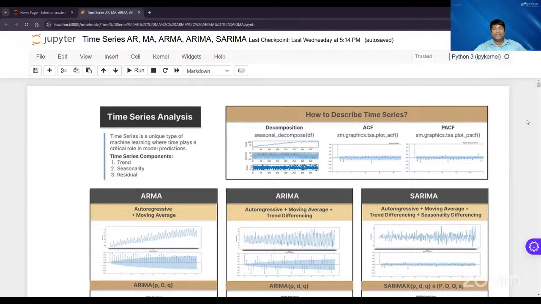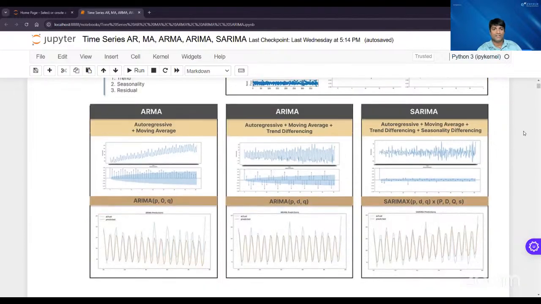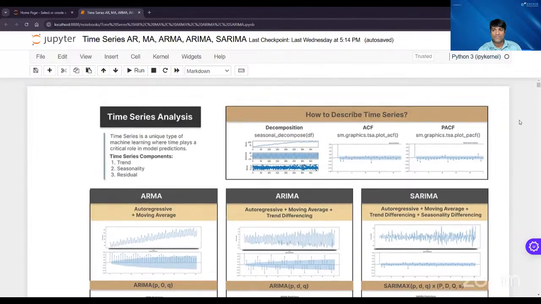Right. So we were discussing the concept on time series, right? And I have given just an introduction on what exactly time series is, after we had a discussion on XGBoost.